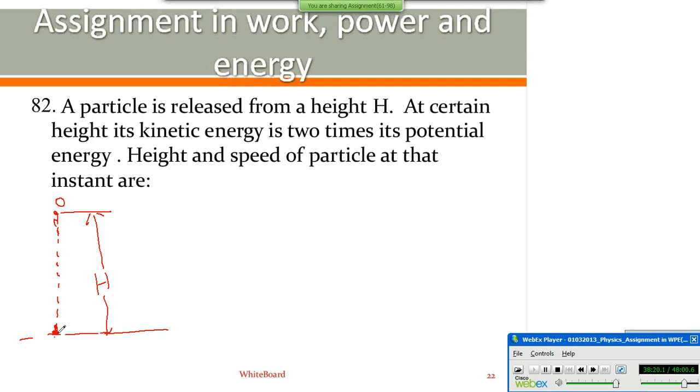Let A be the position of the particle just before it hits the ground or reference level. Let P denote the position of the particle at which its kinetic energy is 2 times the potential energy. Let small h denote the height of the point P.